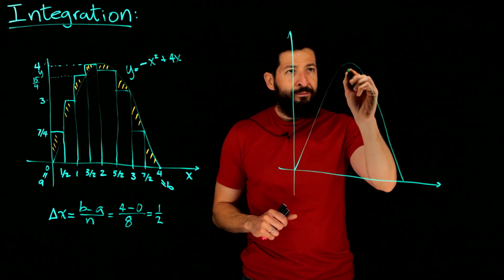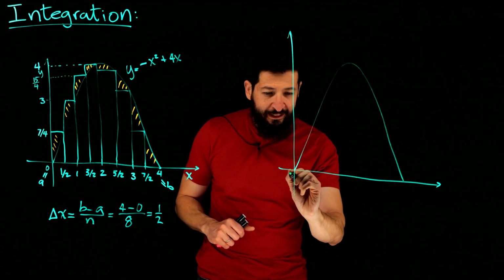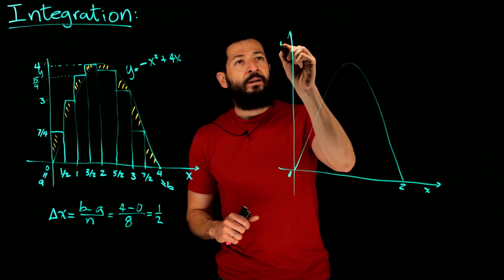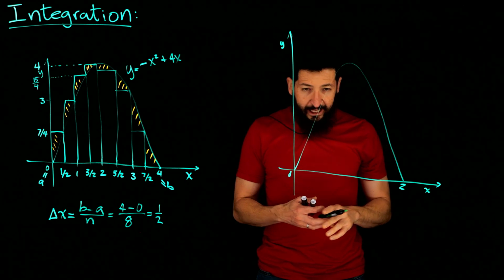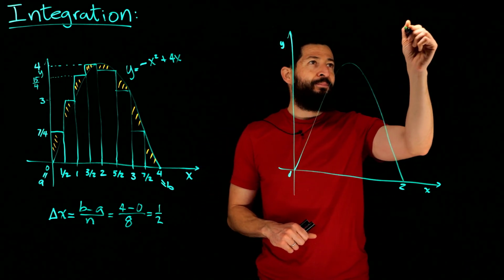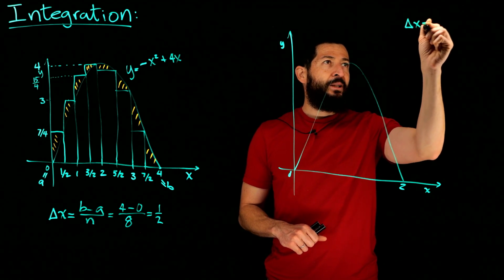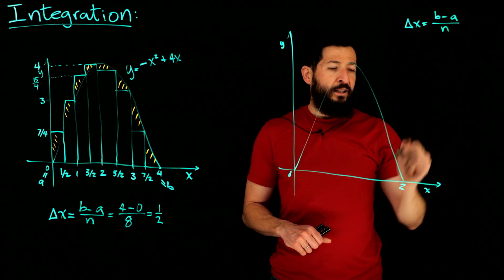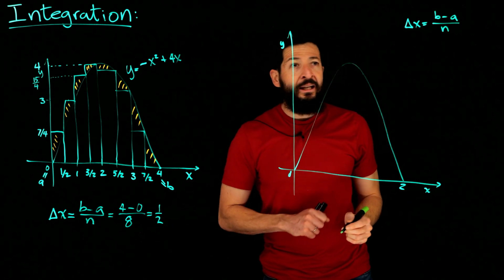So we get our parabola. I'm not going to mark anything other than the intercepts. And so what I'm going to do is, firstly, I'm going to compute delta x. We already have that. In this particular case now, I'm not picking n to be 8.